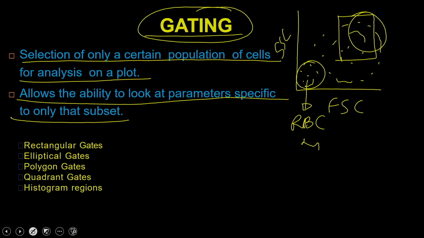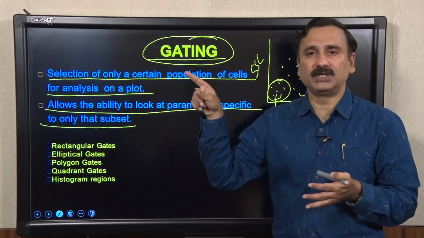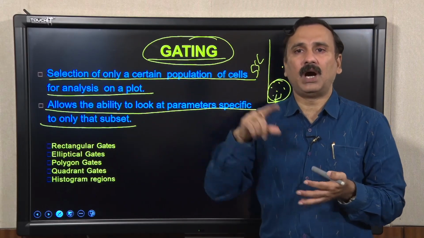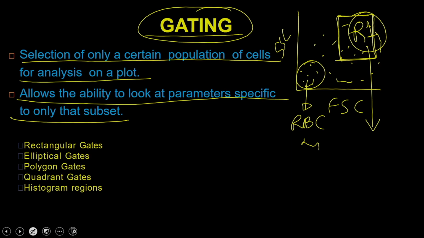For example, I have used a rectangular gate and selected this region within FSC versus SSC. This is the R1 gate. Then I can ask the instrument to collect 10,000 counts not in the whole cell population, but only in the R1 gate.